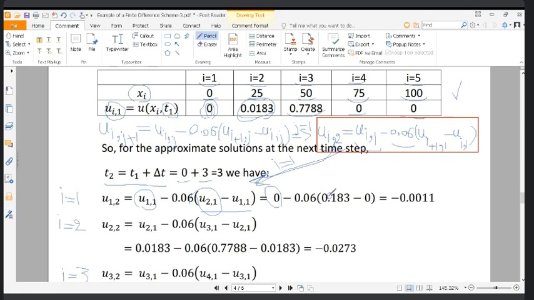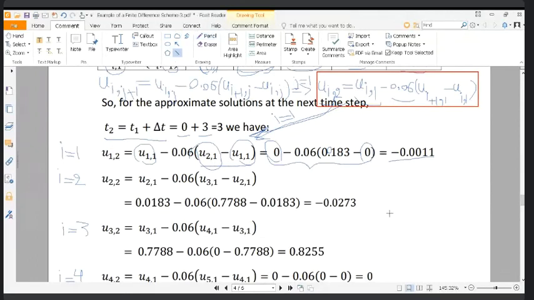The 0 was deleted here; it's a mistake caused in writing. u1,1 is 0, and we write 0. When we compute these terms, we have minus 0.0011 for u at x1 and t2.